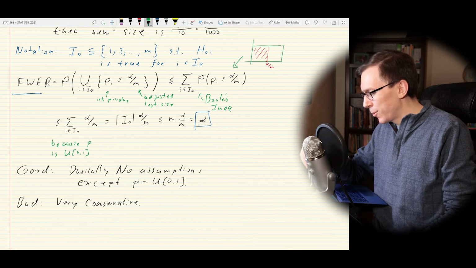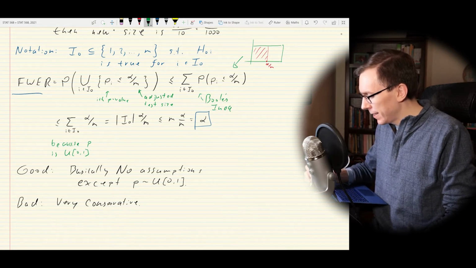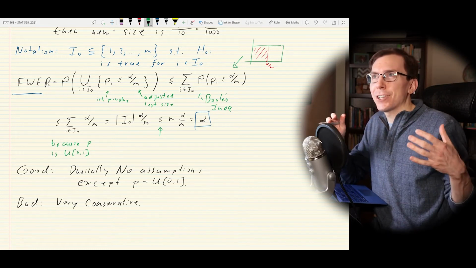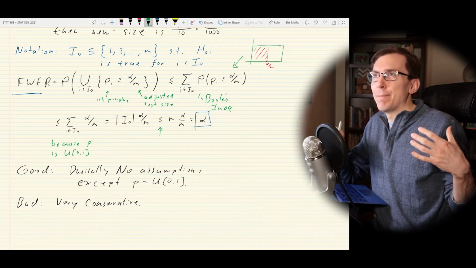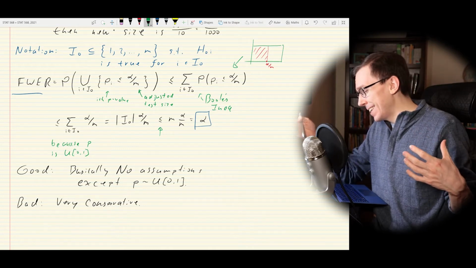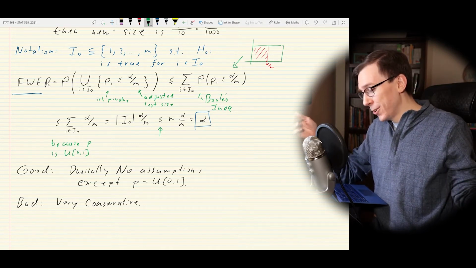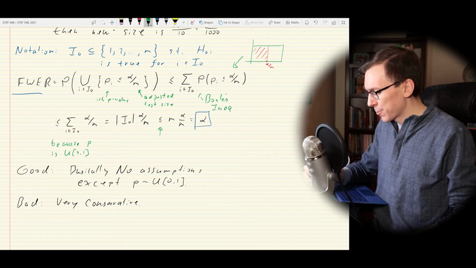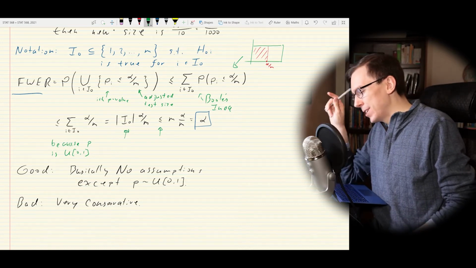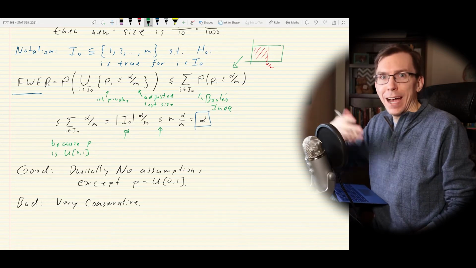Then this last inequality up here is actually an equality, but if only a small fraction of our null hypotheses are true, then we're actually really over penalizing everything, because we're rounding I naught up to m, which could be quite a big round up.